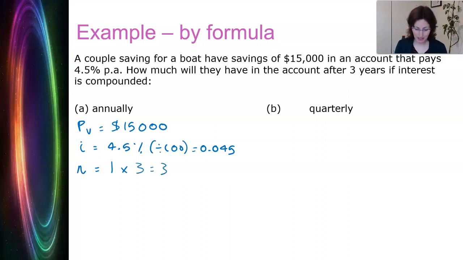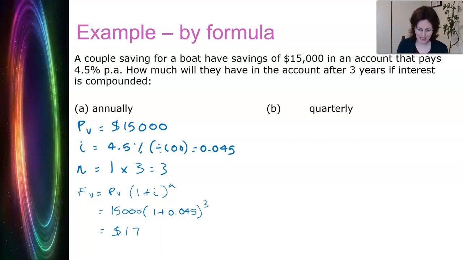So let's use our formula. Let's write that out. Substitute in the values that we have. Our principal is 15,000. 1 plus 0.045 to the power of 3. And working that out in dollars is $17,117.49. So that's how much they end up with if it's compounded annually.